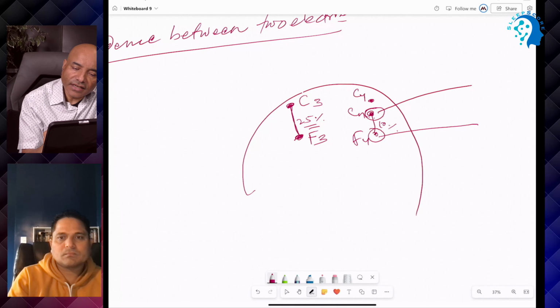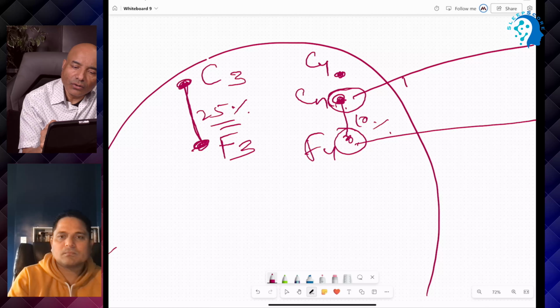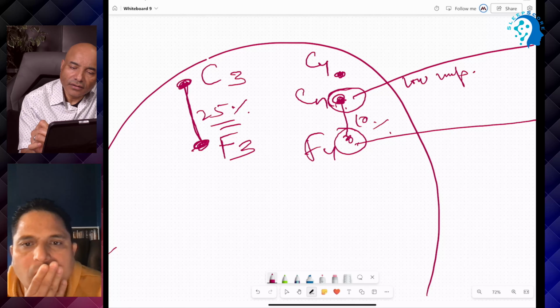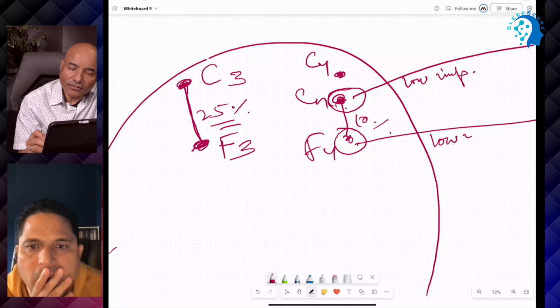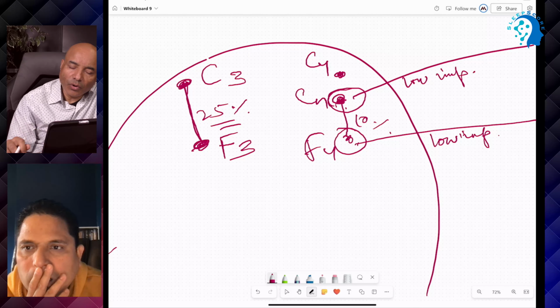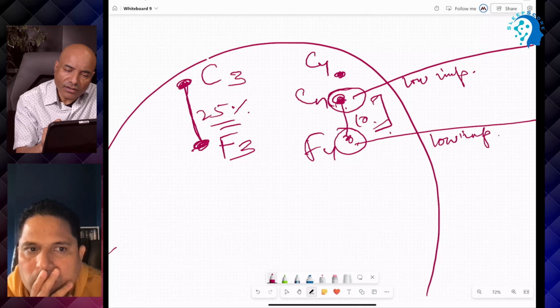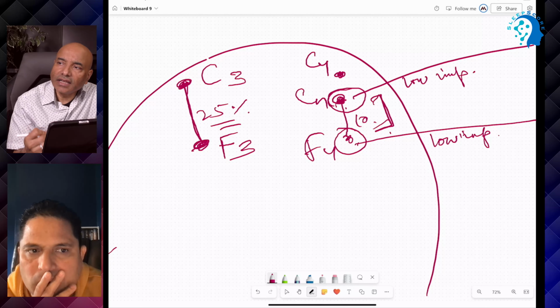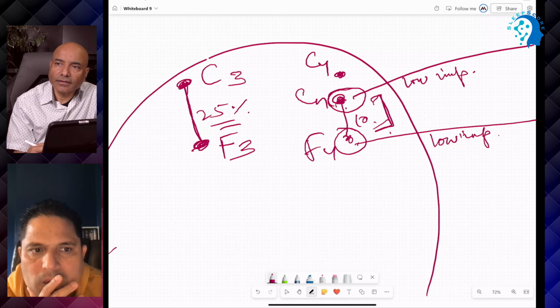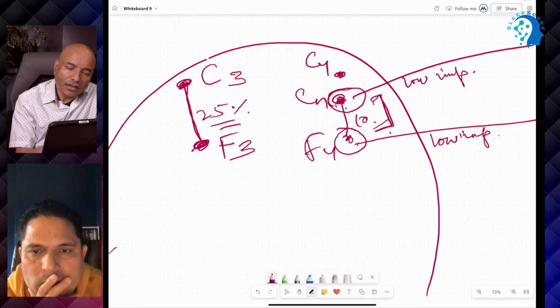So what happened? The distance between these two electrodes is low, is wrong. So low impedance here, low impedance here. Both of these are low impedance, which is good, but because the distance between these two is very small, that also gives an artifact. The signal will not look good. Because every electrode has some kind of surrounding.